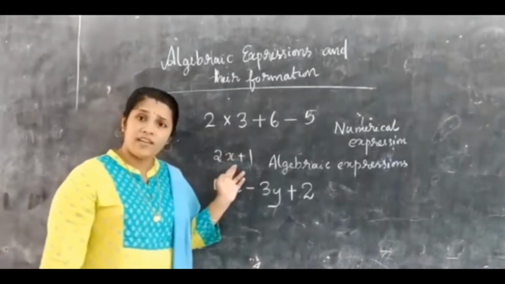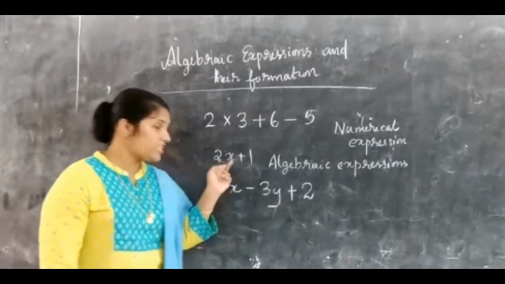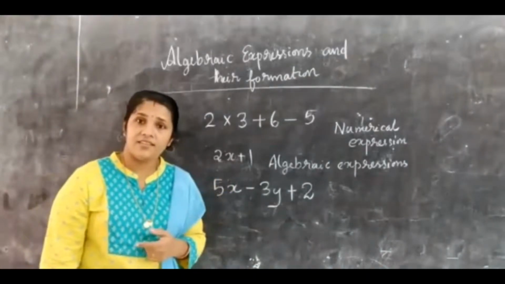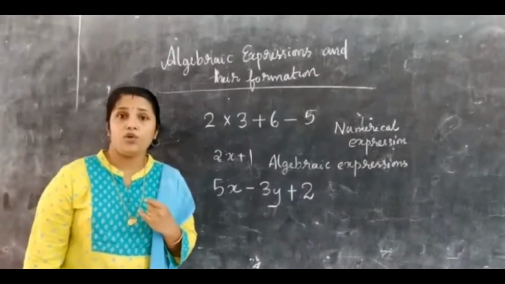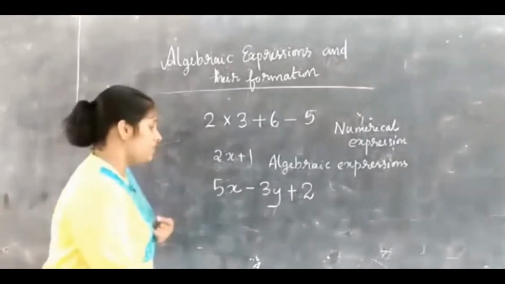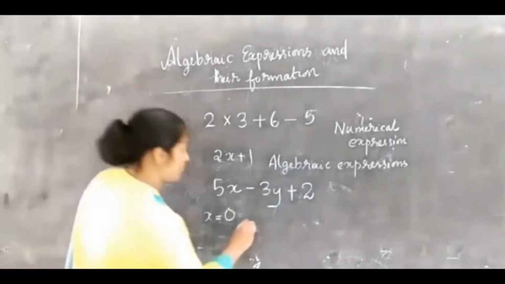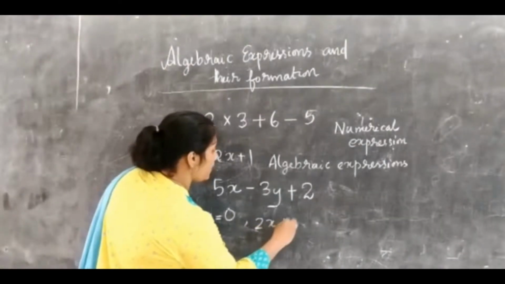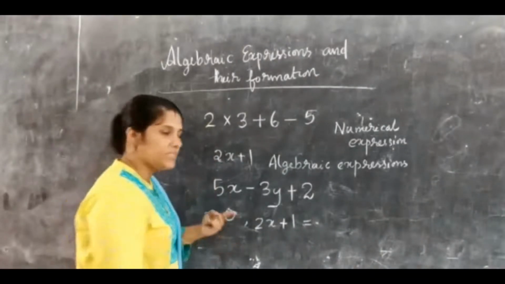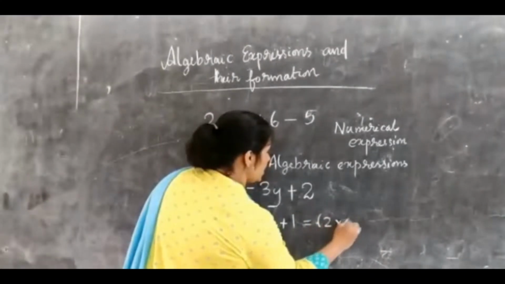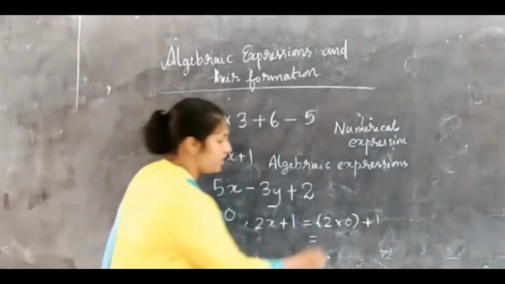But how will we find the answer for such an expression? 2x plus 1, how can I find the answer? I can find the answer only when the value of x is given. If the value of x is given as 0, I can find the value of 2x plus 1 as 2 into 0 plus 1. 2 into 0 is 0. 0 plus 1 is 1.